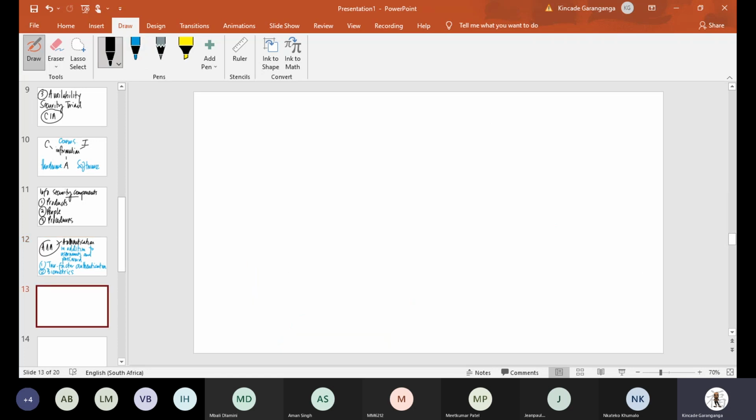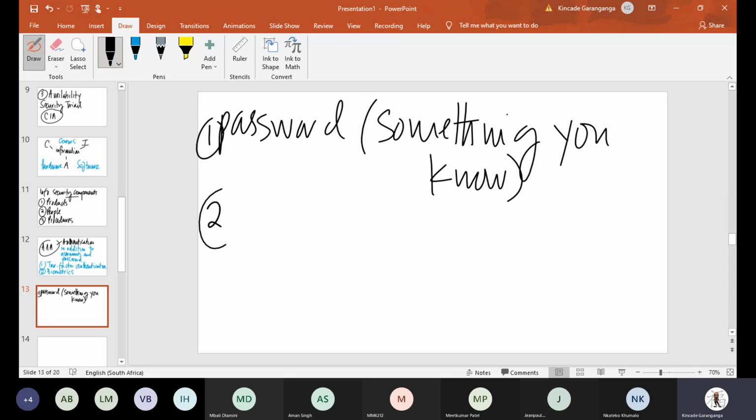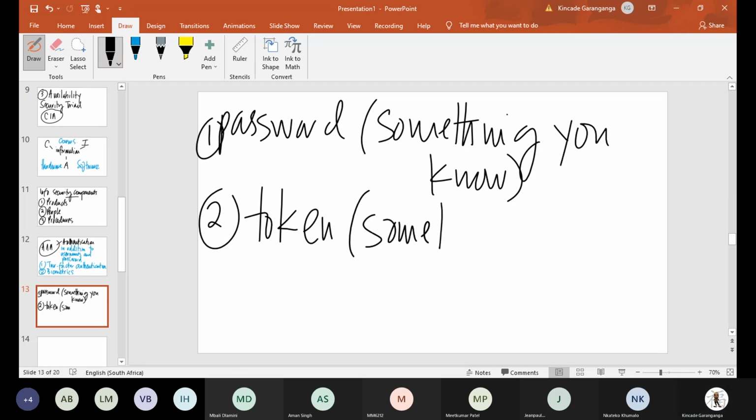So if you were to look at it from a different perspective, a username and password would be something you know, right? And then with, for instance, a token or a smartphone app, this is something you have.